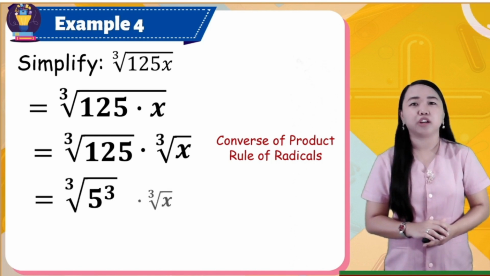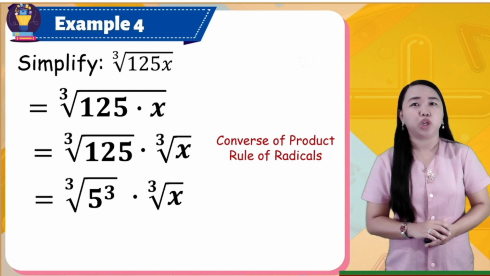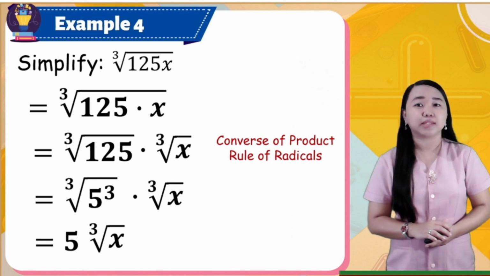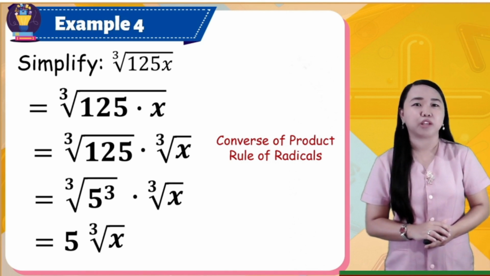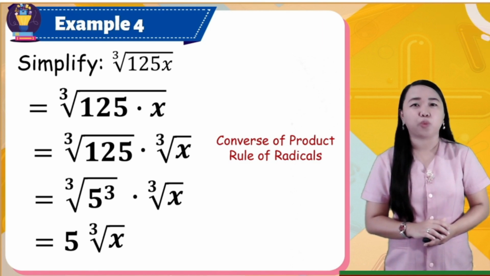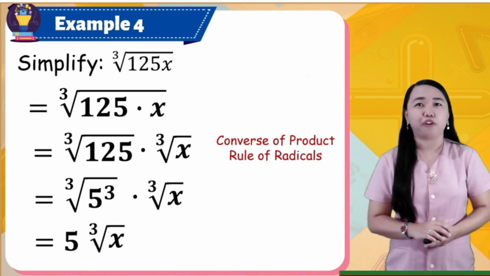Its exponential form is 5 cubed. So, cube root of 5 cubed is 5, and copy cube root of x since it's already in simplest form. As a result, cube root of 125x is equal to 5 cube root of x.